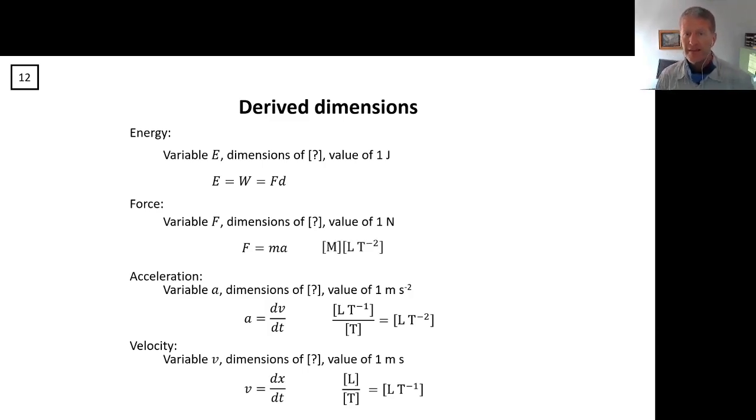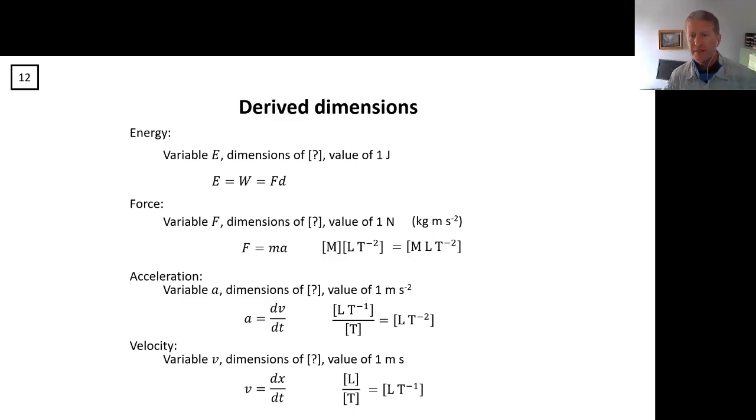Now we have dimensions of acceleration. We can plug that into F equals ma. We can just take our fundamental dimension of mass times that dimensionality of acceleration. We get mass length per time squared. Again, if you know what a Newton is, it's a kilogram meter per second squared. So again, we can use the units to help us double check our dimensions if we happen to know what the definition of a Newton is.